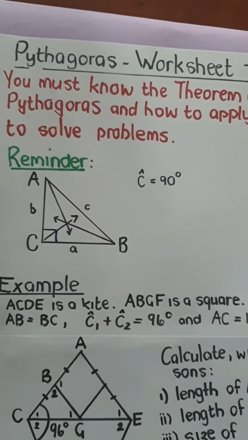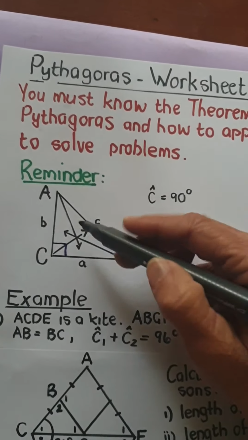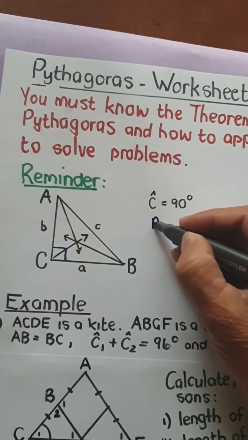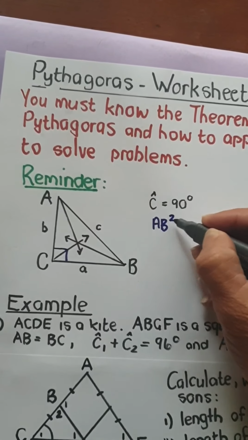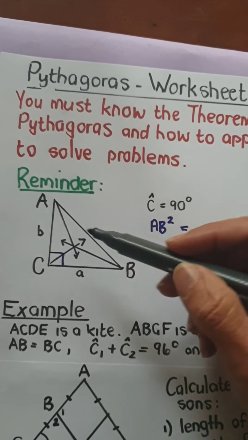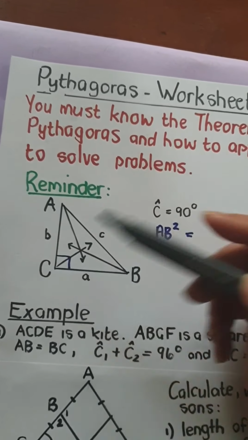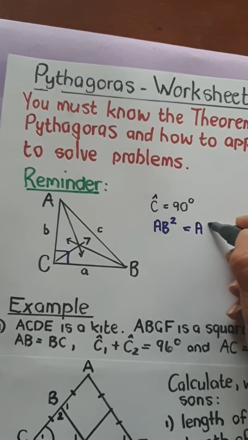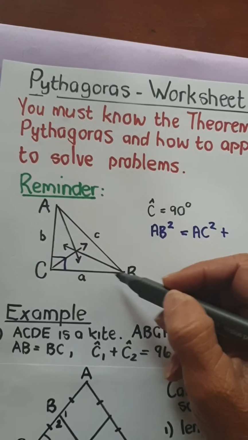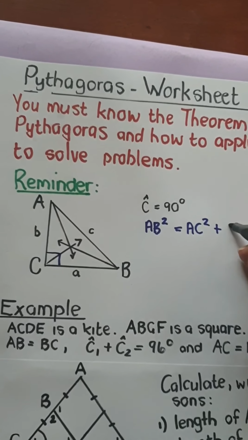If we write it mathematically, the square on the hypotenuse, which means AB squared, is equal to the sum of the squares on the other two sides, so side AC squared plus the square on the other side, CB squared.